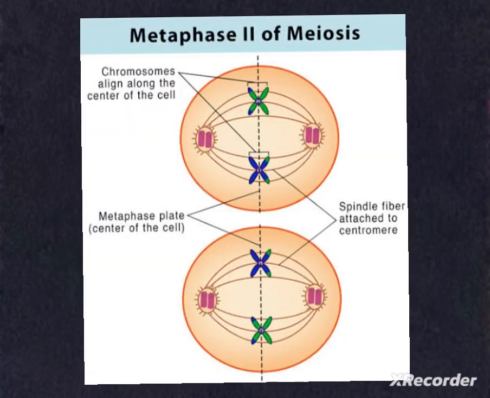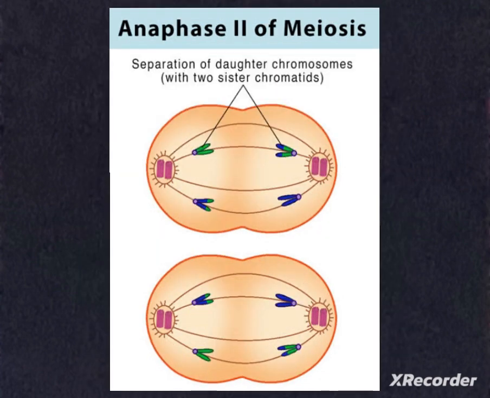In metaphase 2, the chromosomes connect to the centrioles, poles, and the kinetochores of sister chromatids through microtubules, and they align at the equator to form the metaphase plate. Next, anaphase 2. There is splitting of the centromere and the sister chromatids are pulled away towards the opposite poles.